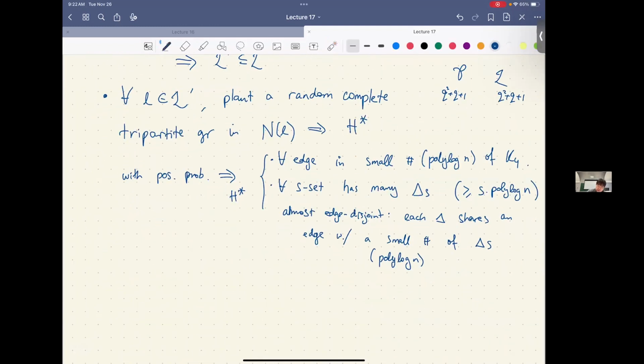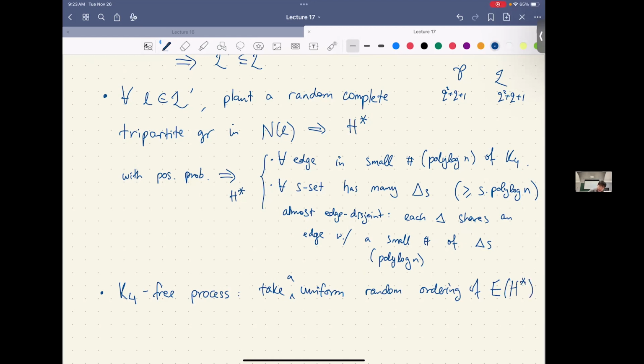This is basically a variation of the so-called K4 free process. So now we do a K4 free process. Starting from H star, we take a uniform random ordering of the edges of H star.